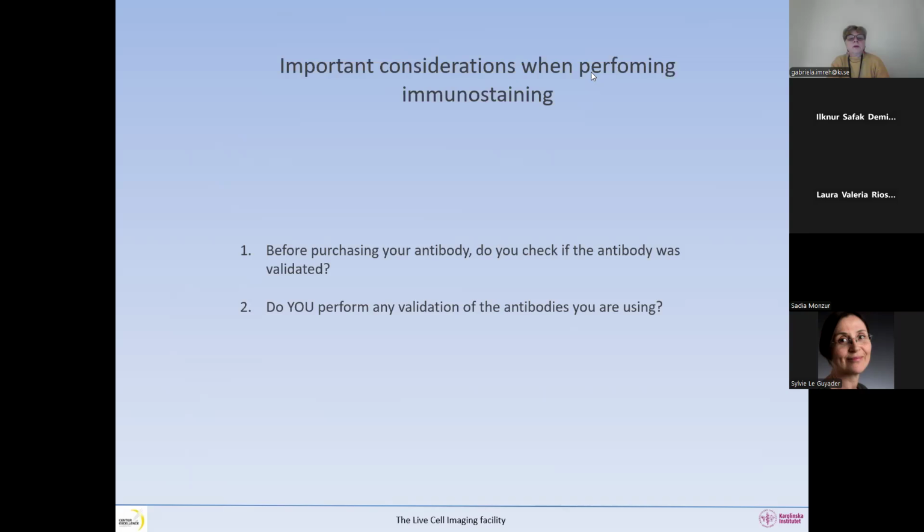So can we have a little voting here? I have two questions. Before you purchase your antibody, do you check if the antibody was validated? And the second question is, do you validate the antibodies you are using?